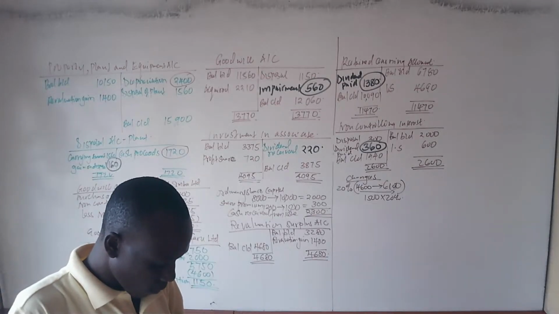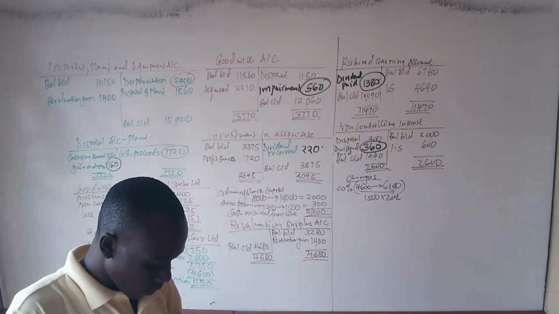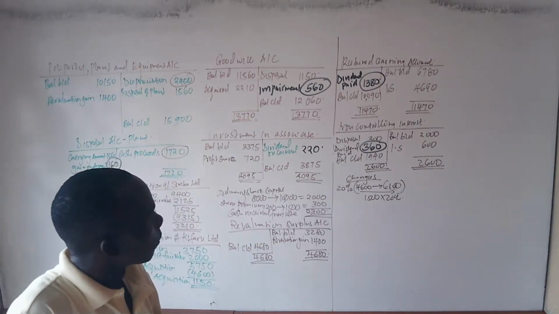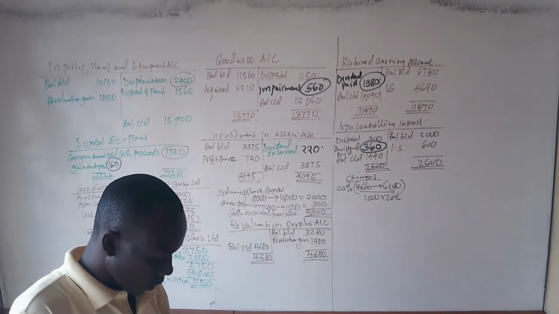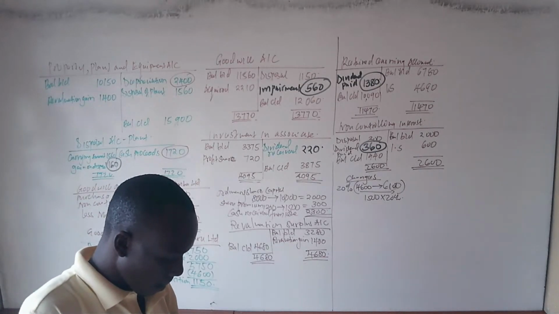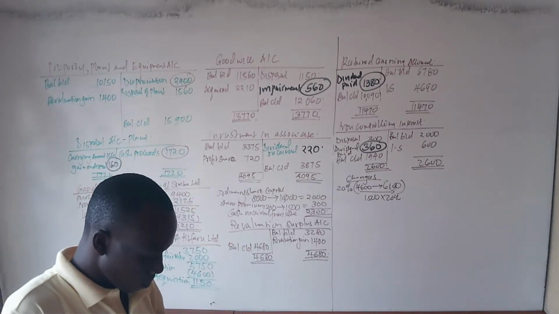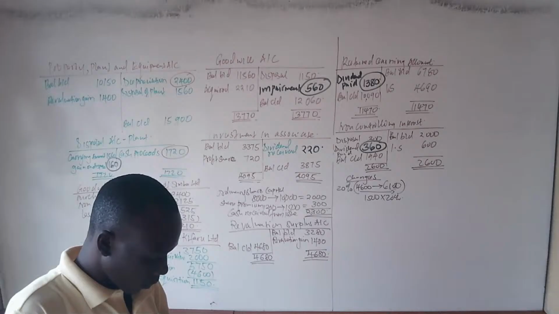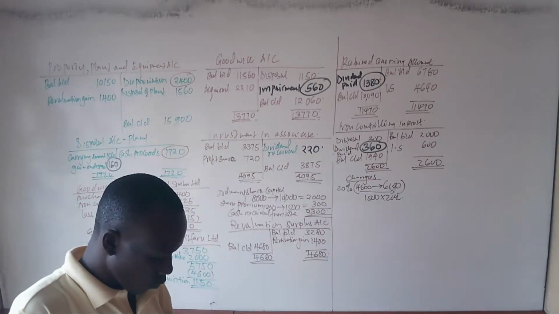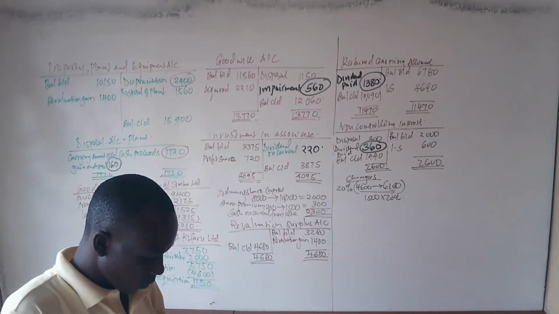We have the share of profit, that is okay. Then we had disposed the subsidiary, the subsidiary which we had disposed.